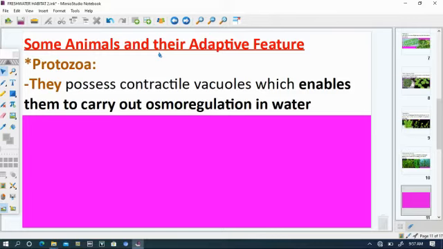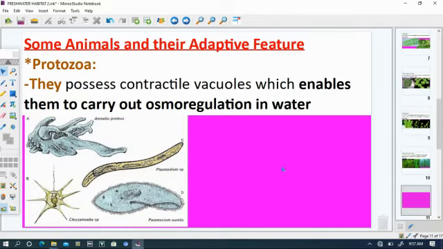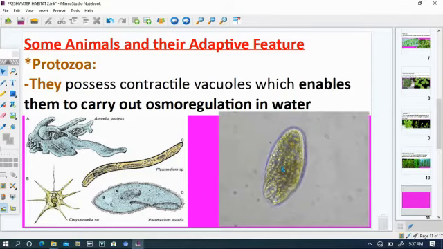Protozoan possess contractile vacuoles, which enable them to carry out osmoregulation in water, that is, maintenance of water balance in their internal environment, irrespective of the flowing in of water from their immediate surrounding.